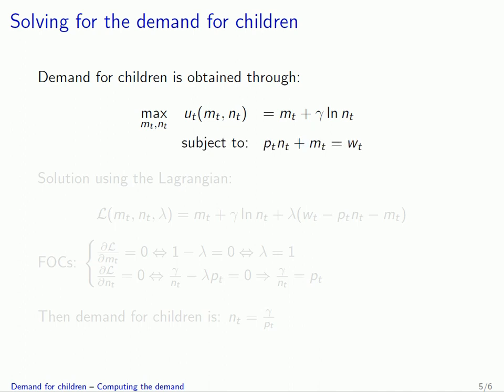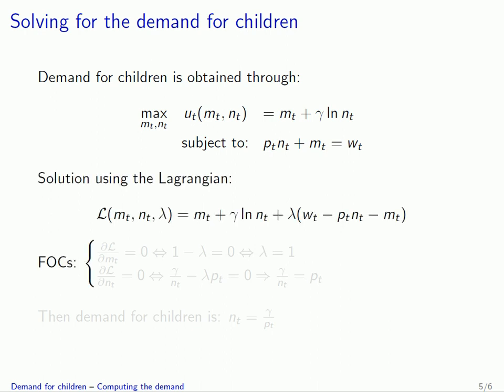There are several methods we could use to solve this utility maximization program. The first one would be to use the budget constraint and, for instance, replace MT in the utility. I'm not going to use this type of solution, rather use the Lagrangian as an example.